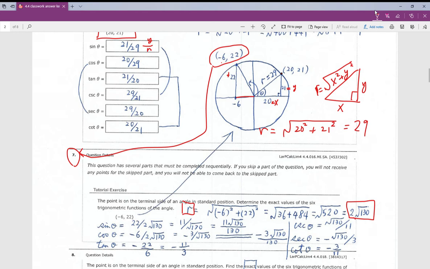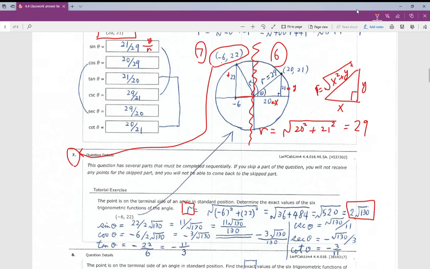Once you find your radius, I'm not supposed to put this coordinate here, because 2 square root of 130 is not the same as 29. I'm not supposed to do that. I was out of my mind at the time. So these are 2 different questions. This is number 7. This is number 6.